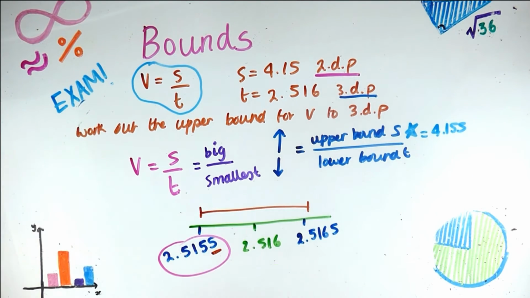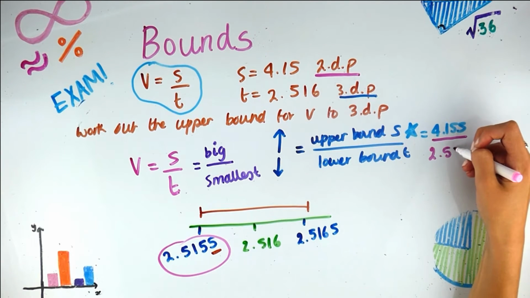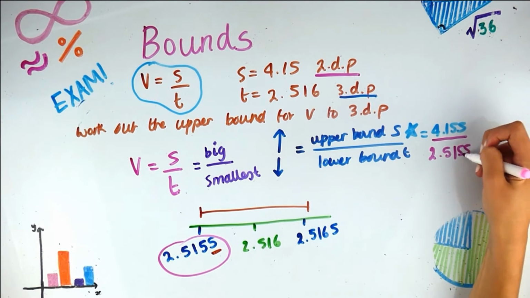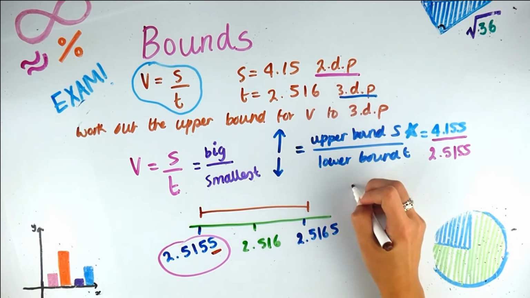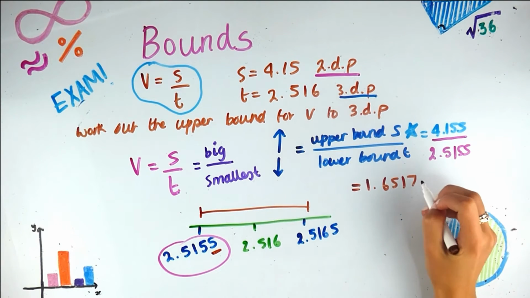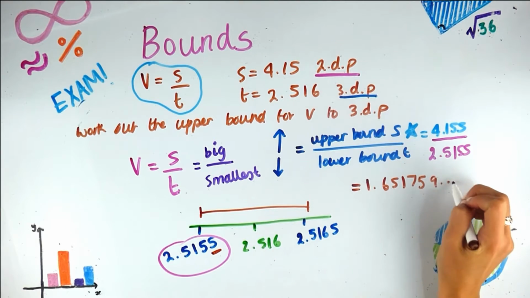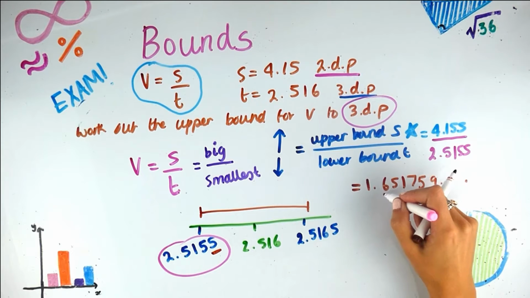So we want this value here. So divided by the lower bound for T, which is 2.5155. So now you work that out. So 4.155 divided by 2.5155, and you get 1.651759, etc. And it's asking for 3 decimal places, so 1, 2, 3.